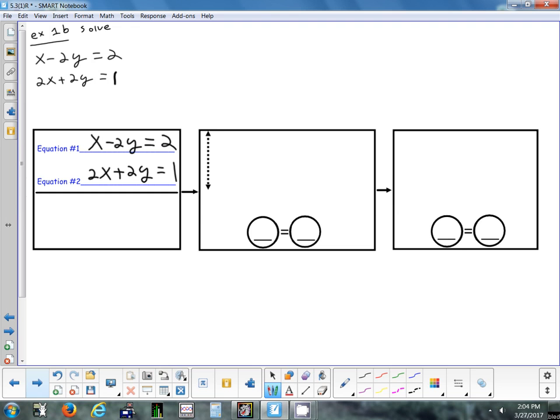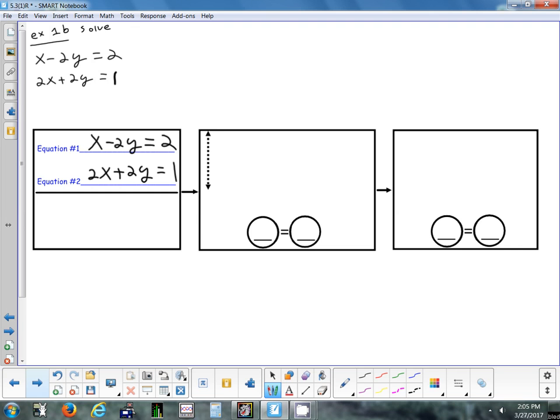So same number, same letter, different sign. Okay, do you see that here? Do you see the same number, same letter, different sign? Yeah. All right, what's the number that's the same? 2. Yep, the 2. What's the letter that's the same? Y. The Y. And then what's different is one of them's a positive 2, one of them's a negative 2. Right. So now, what are we going to do with these 2 equations?